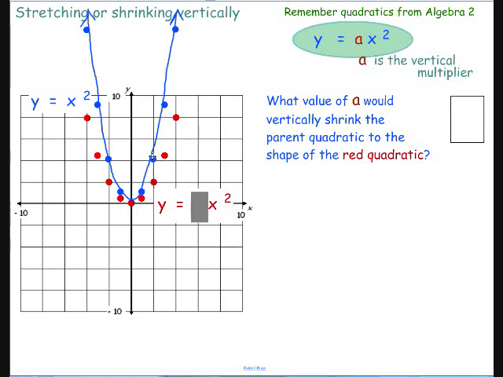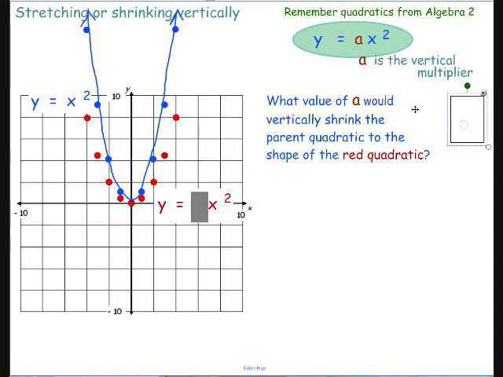When the parent has an output of 4, these are 2 by 2 grids, 2, 4. This one that I just put up, the red one, has an output of only 2. A is the vertical multiplier, so it looks like this A is less than 1.